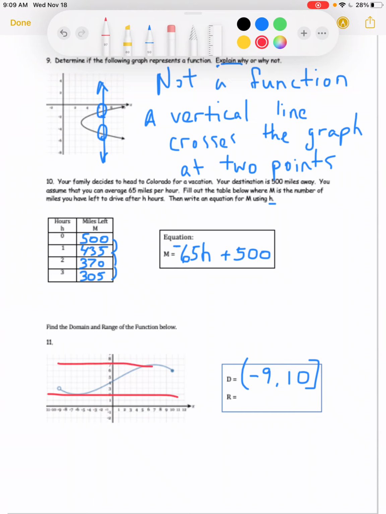How high does it go in terms of what y values now? Okay, so this looks like 2 and what is that, 7? And it's not super clear whether we're getting to these points, but I'm going to say that we are, and so I would put brackets on it. Maybe. There we go. Okay.